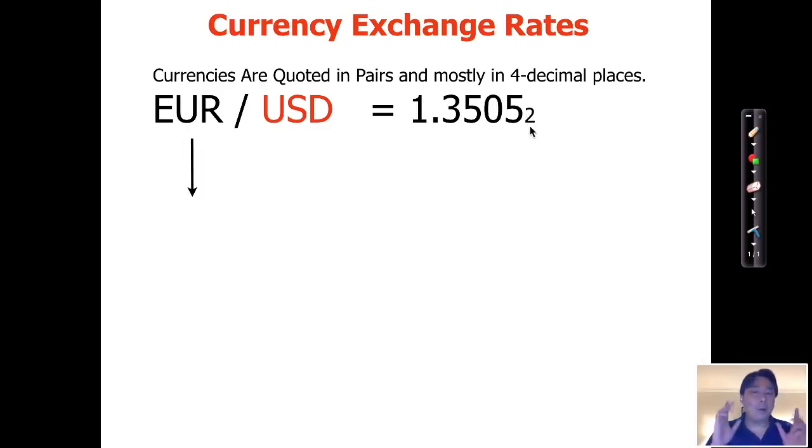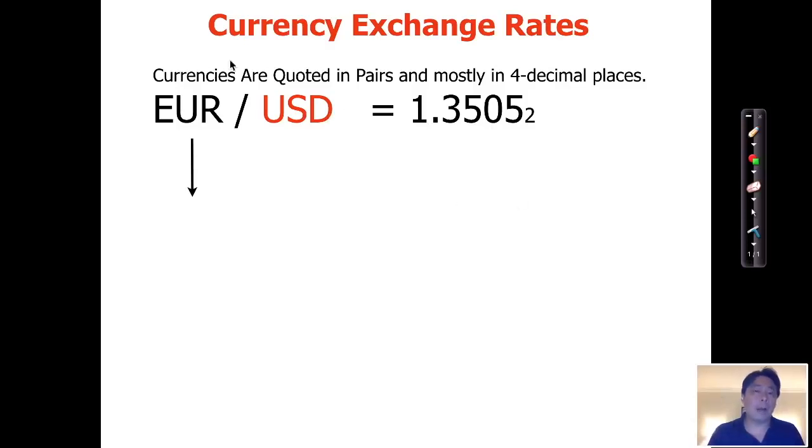Now, we only pay attention to the 4 decimal places. Okay, the 5th decimal place is known as a fractional pip, and we do not care about that. Okay, so it's too small to worry about. We're looking at the 4 decimal places, right? So the last decimal place represents a pip, and I'll talk about that in a short while.